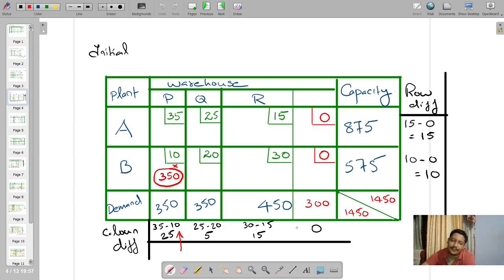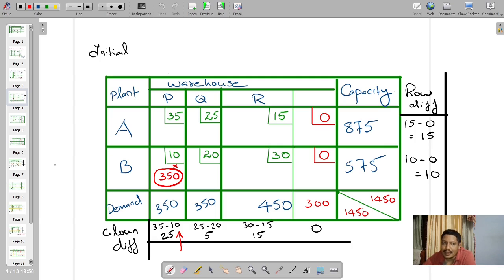So we have calculated the row and column differences, and we need to select the largest difference. The largest difference among 15, 10, 25, 5, 15 and 0 is 25. So we need to give the allocation for our first column P. Among the cost elements in P, identify the lowest cost element.